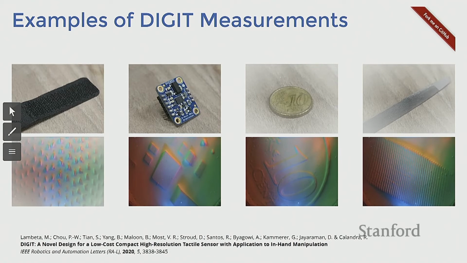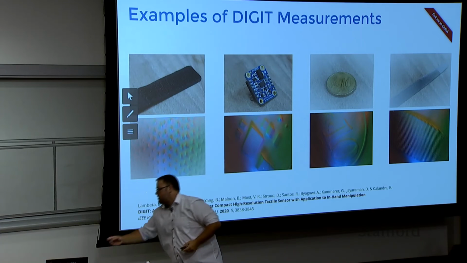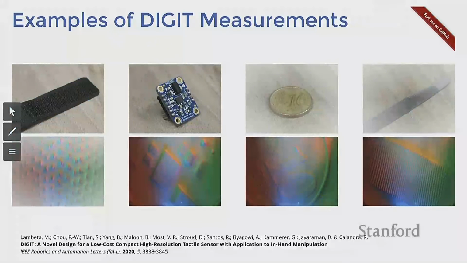fraction of the cost, because this is extremely cheap to produce, and it's extremely reliable in the sense that a lot of these other types of technologies have moving parts where you have cables, you have wires, which over time break. This thing, what can happen is that you break the silicon, and in the design of our DIGIT, the silicon is fixed by one screw.